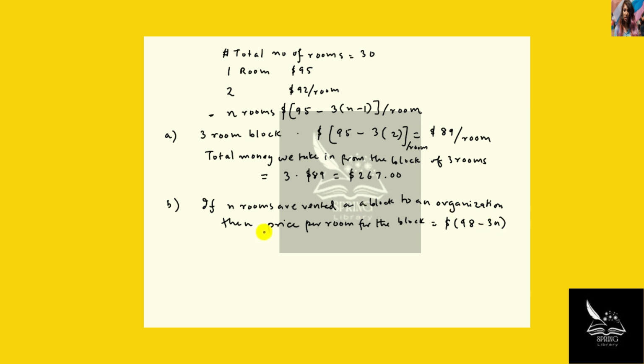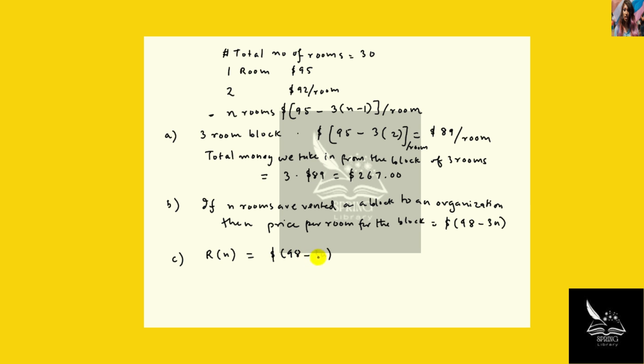Okay. And in part C, we are asked to calculate a revenue function. Rn is the revenue that we get by renting a n room block to, say, a convention host. The revenue we get when we rent a n room block is equal to the price per room. The price per room that we calculated in part B is 98 minus 3n.